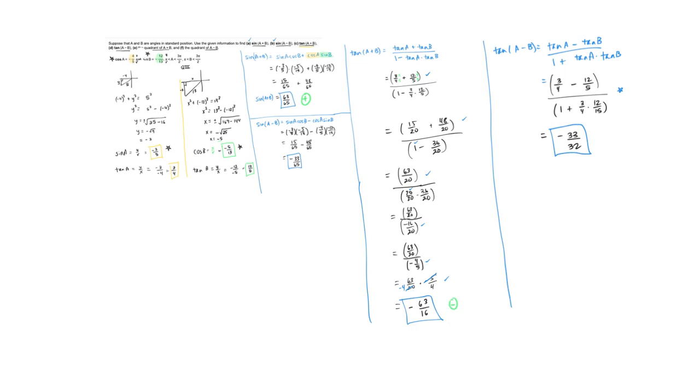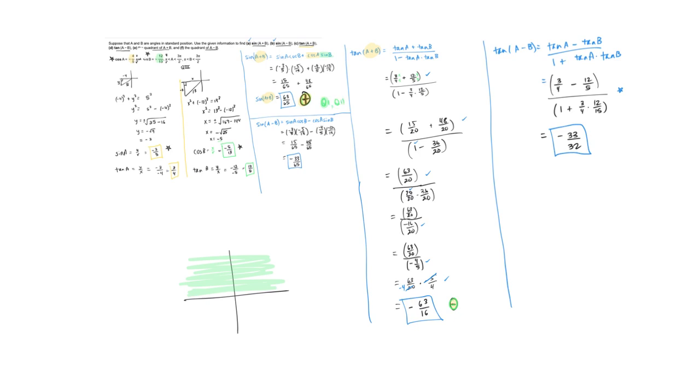So we want to think about which quadrant in the unit circle has a positive sine. Well, sine is y, so sine would be positive wherever the y values are positive. So that would be up in quadrants 1 and 2.